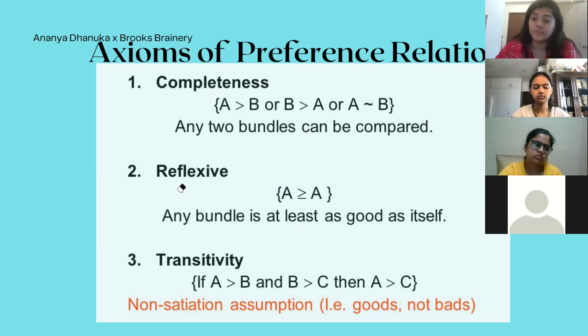These three things that I mentioned here are called axioms of preferences because if you want to create a utility function, if you want to plot your preferences, then these are conditions that your preferences must meet. If your preferences violate any of these axioms, then you can't create a utility function.